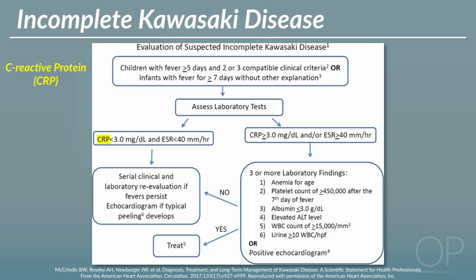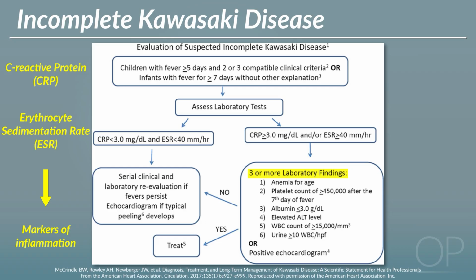C-reactive protein, CRP, and erythrocyte sedimentation rate, ESR, are markers of inflammation. If the CRP is greater than or equal to 3 milligrams per deciliter and/or the ESR is greater than or equal to 40 millimeters per hour, assess for anemia, thrombocytosis, hypoalbuminemia, elevated alanine aminotransferase, or ALT, leukocytosis, and white blood cells in the urine.